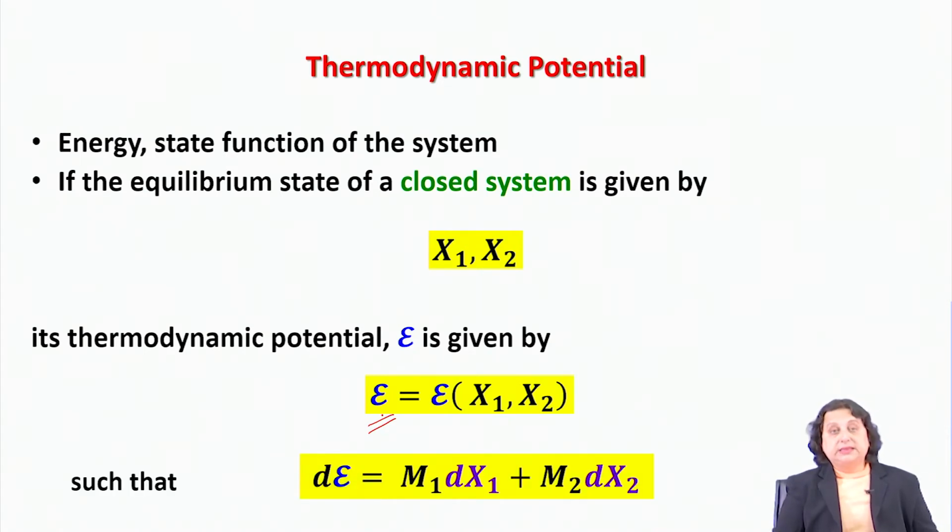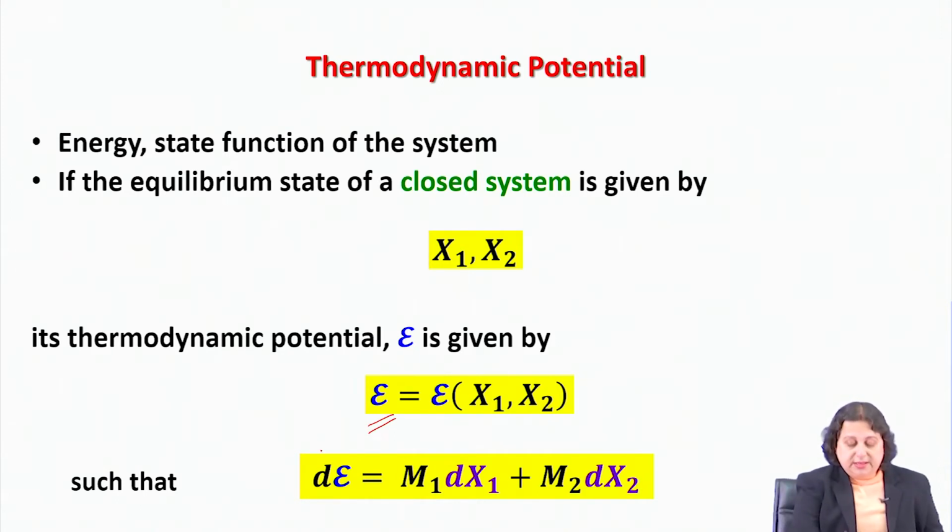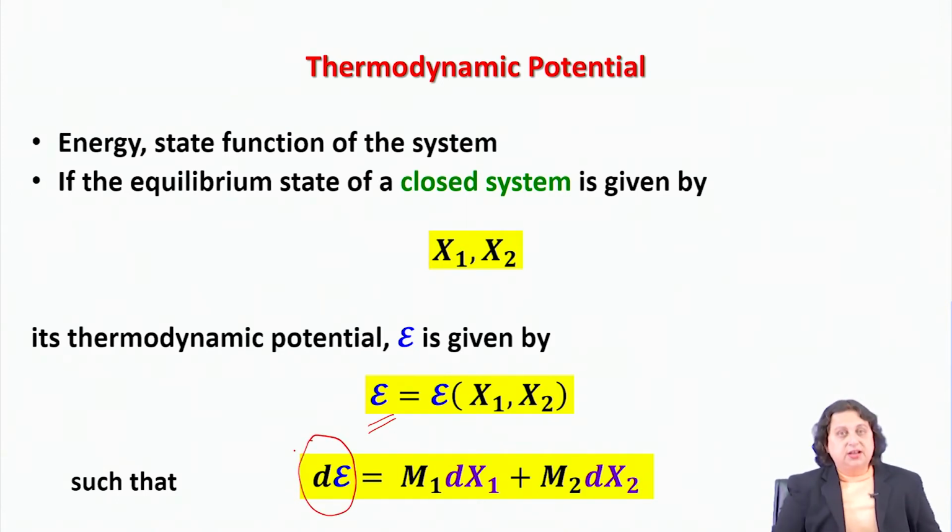In that case, I will have d of big epsilon. This is an exact differential, and it must be expressed as functions of dx1 and dx2, and it must satisfy a relationship like this.